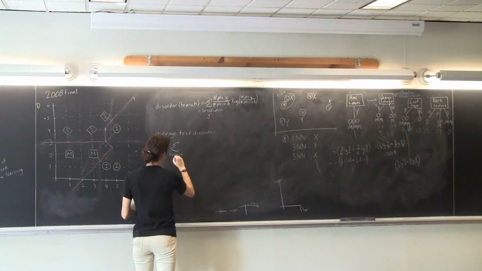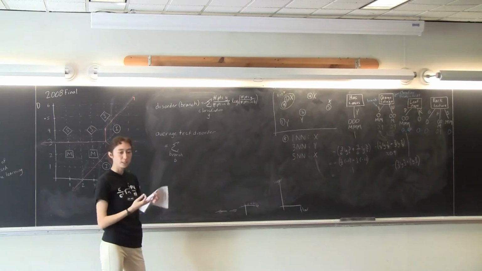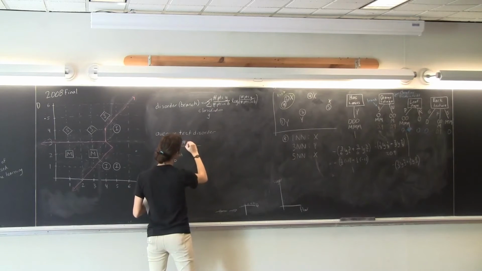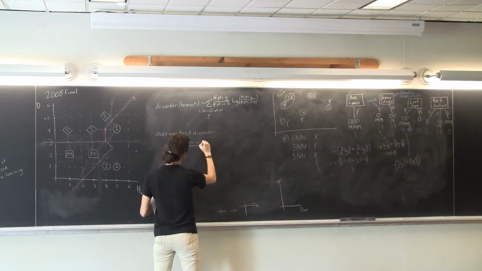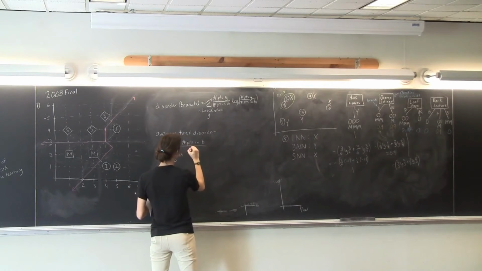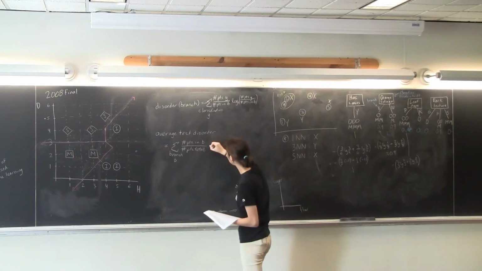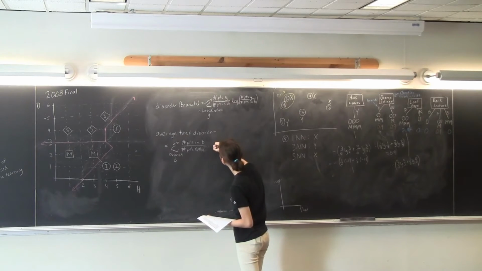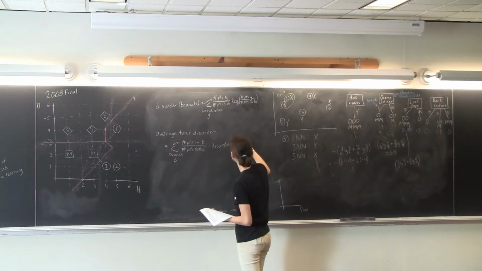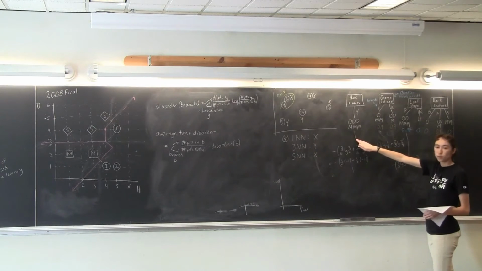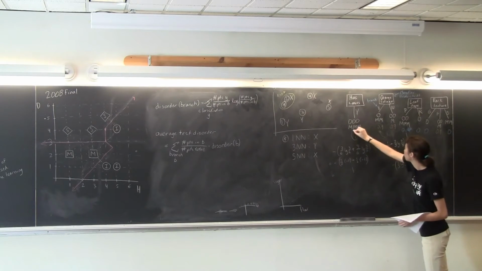For each branch B, we'll take the fraction of points in that branch, the number of points in the branch over the number of points total, and multiply that by the disorder of the branch B. In this case, there's only one branch, so it's just going to be 1 is our overall disorder.